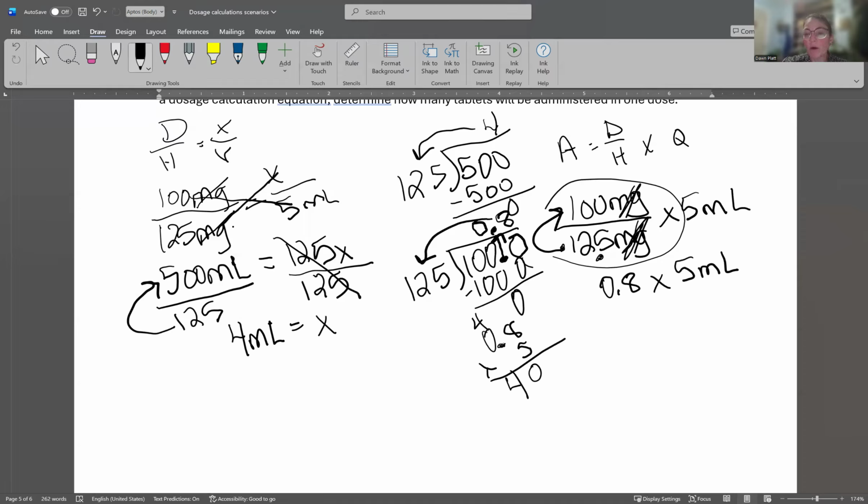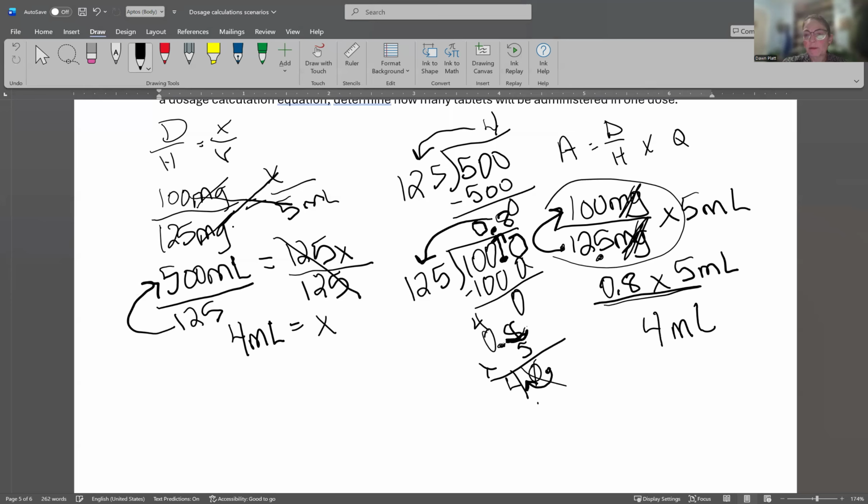It doesn't matter. You have to count both. This one only has one place. So we take the decimal point, pop it over there, which gets rid of that 0, because we never use a trailing 0. I'll share with you why in a minute. So this multiplied is 4 milliliters.